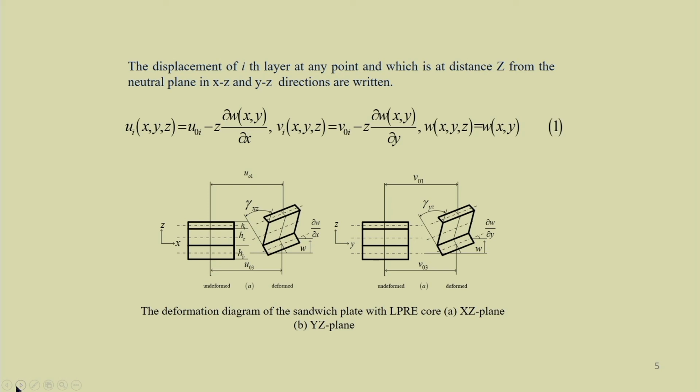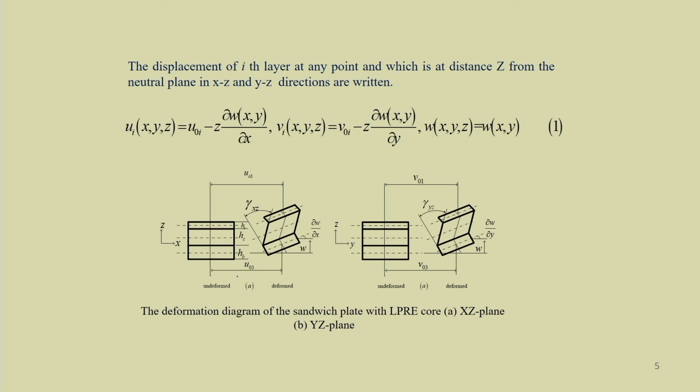In the x z and y z direction, it can be written as u(x, y, z) equal to u 0 i minus z into del w(x, y) by del x. You can see this is the neutral axis, this is before deformation, that is undeformed, and this is after deformation, that is deformed.